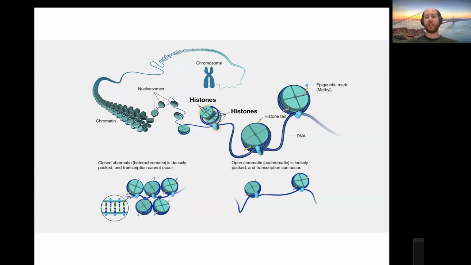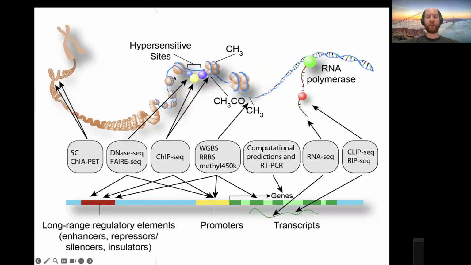The DNA double helix will be wrapped around histones, and these histones can be wrapped more or less tightly. Each circular structure of these histones is considered a nucleosome when it's wrapped by the DNA. And so DNA is in this very densely packaged environment, wrapping around these proteins.